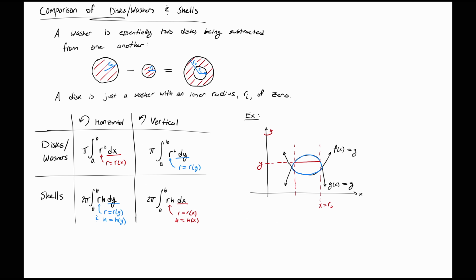At this arbitrary y value, what is the x value? Well, the x value here would be whatever the inverse function is. So this would be f inverse of y. Similarly, over here, this would also be f inverse of y.